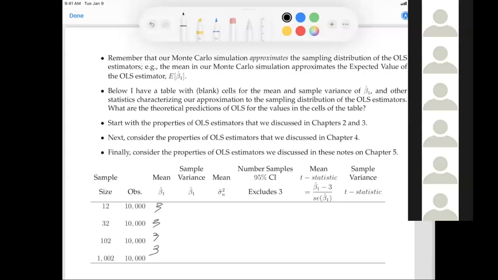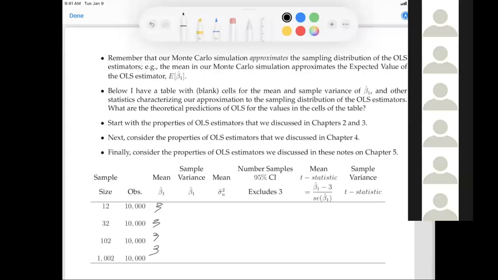So for the sample variance would be the variance over n. Whoa, where did you get that? Okay, I'm going over my notes. Yes, it's the variance over SST. Yeah, okay.